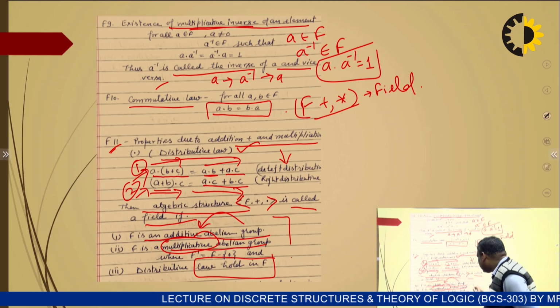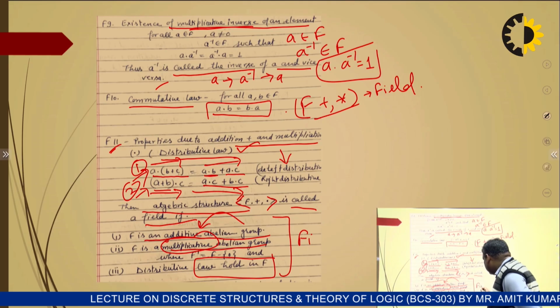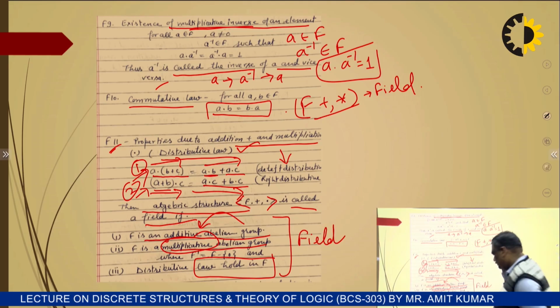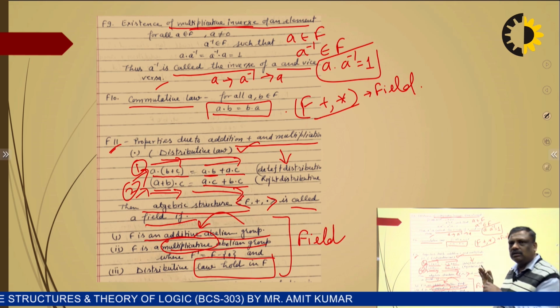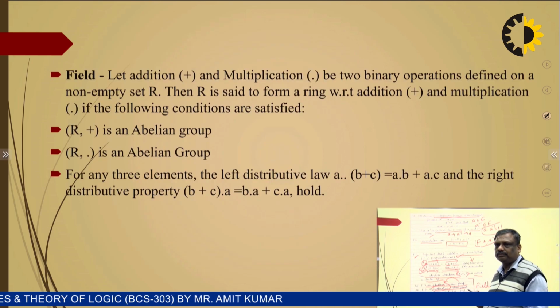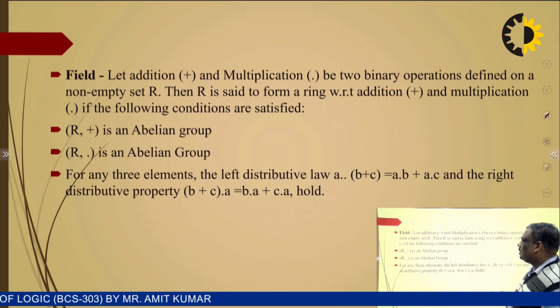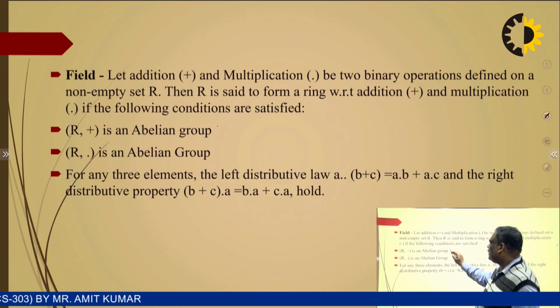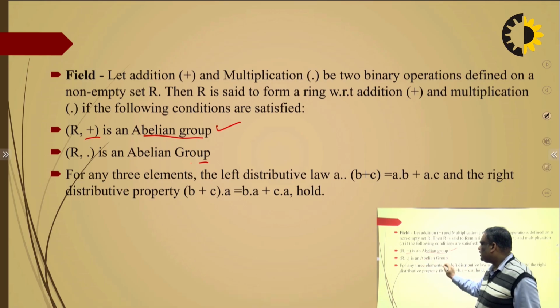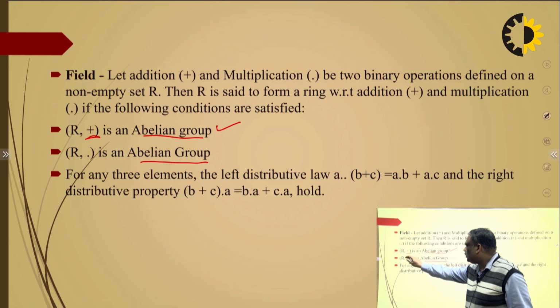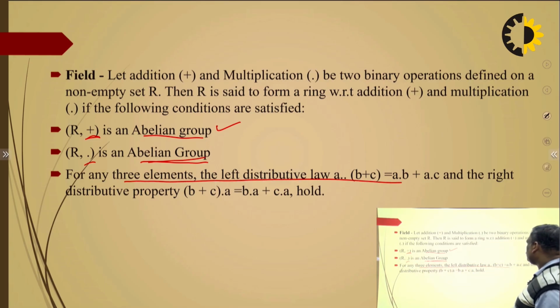Therefore, we can say that this one is a field. So this is the general idea behind the field algebraic structure. Again, it is an abelian group with respect to addition, an abelian group with respect to multiplication, and the distributive law.